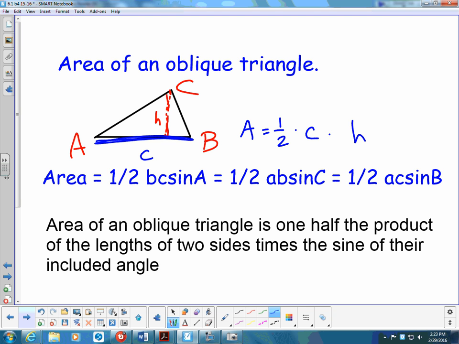But we know that this is side B over here, and this is side A over here. We know that the height, H, can be related to angle A using SOHCAHTOA. So the sine of angle A is equal to what over what? Use SOHCAHTOA just on this triangle.